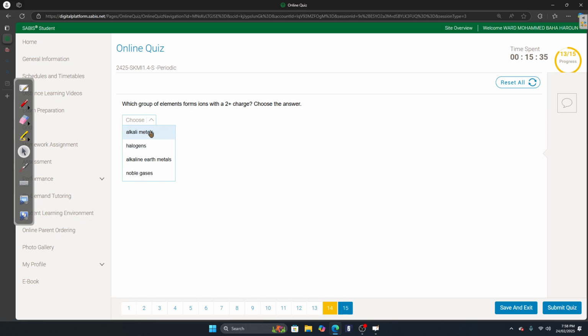Alkali metals are the first, so they don't form 2 plus. Halogens are group 17.